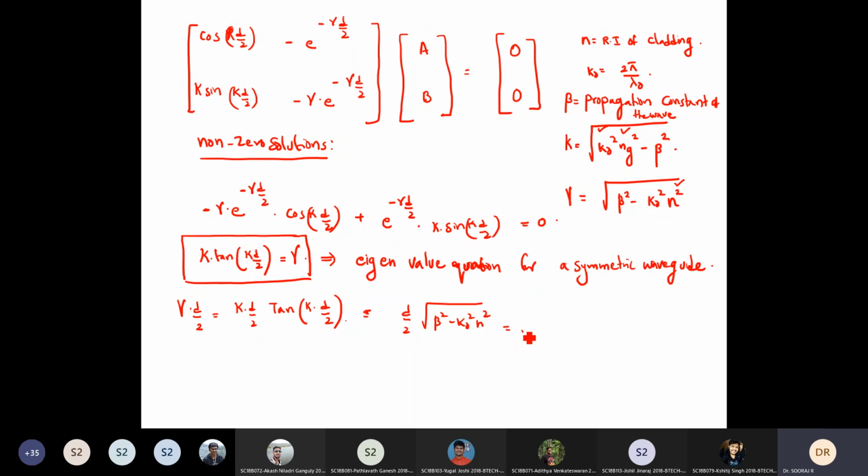which is the same as the root of, with d by 2 outside, beta square minus k naught square n square. What I'm going to do is add and subtract k naught square ng square. So nothing changes, the equation remains the same.